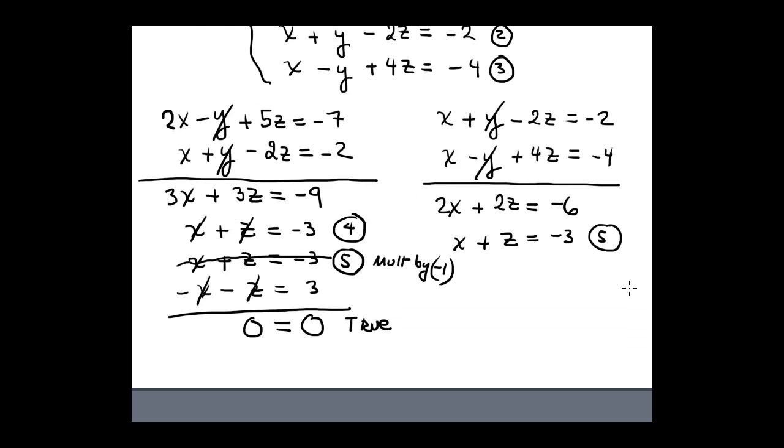Now for finding the solution set, obviously the solution set contains infinitely many points on a line. For example, here I assume that z is a free variable.